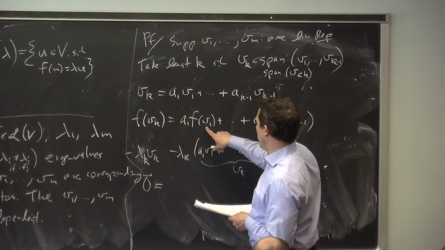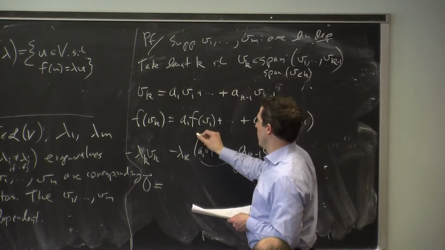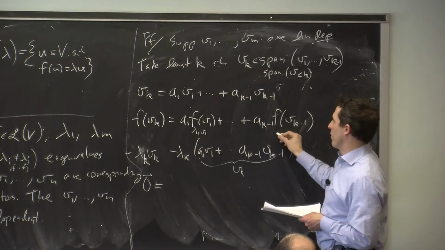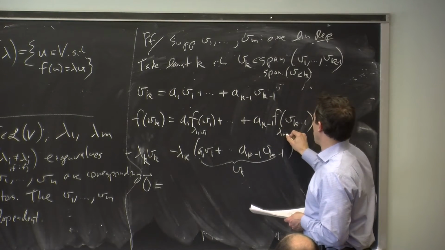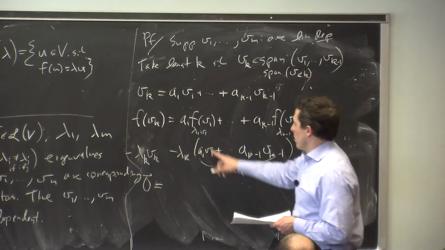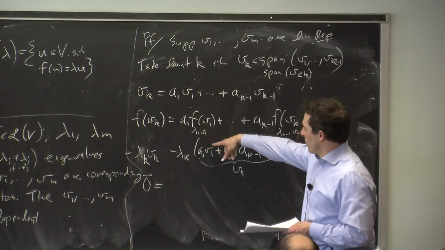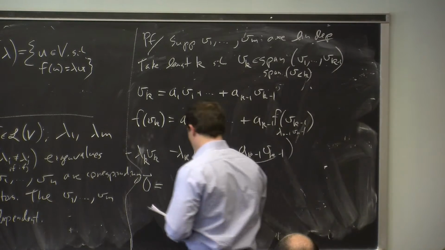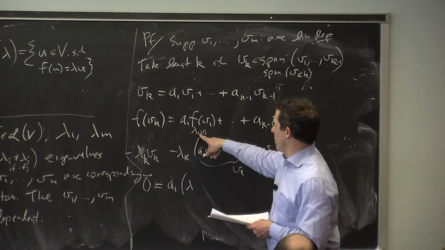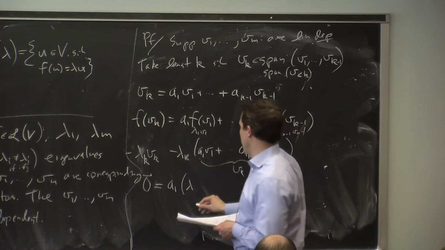But a1 f of v1, so f of v1 is lambda 1 v1, and f of vk minus 1 is lambda k minus 1 vk minus 1. So performing that substitution and subtracting, I get that 0 is equal to a1, the lambda 1 appears positively, the lambda k appears negatively.